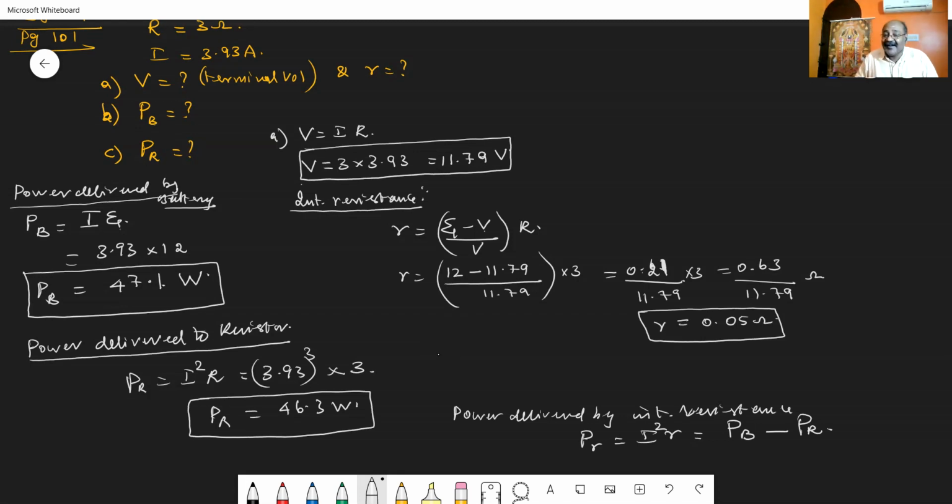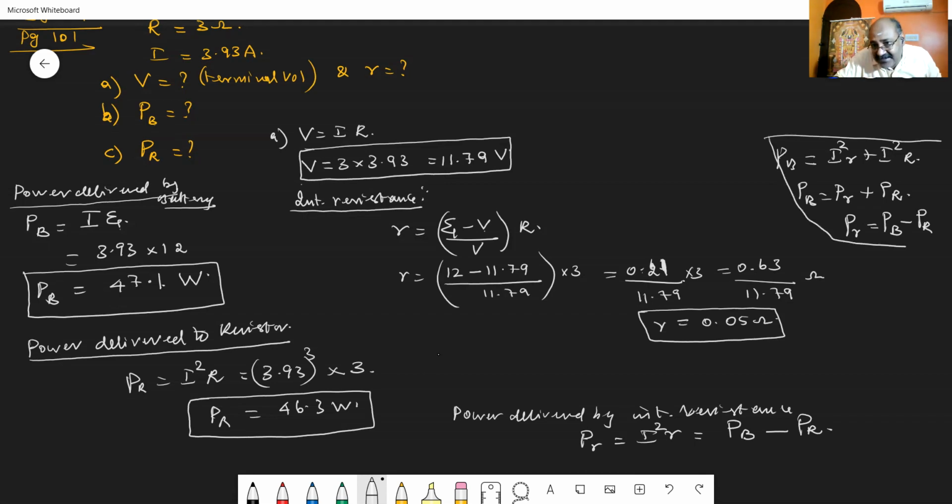Isn't it? Because the power delivered by the battery is, as we have taken, I square into small r plus I square into capital R. Power delivered by battery will be equal to power delivered by internal resistance plus power delivered by external resistance. So power delivered by internal resistance is equal to power delivered by battery minus power delivered by the external resistance. It is not asked, but if you want, you can calculate.